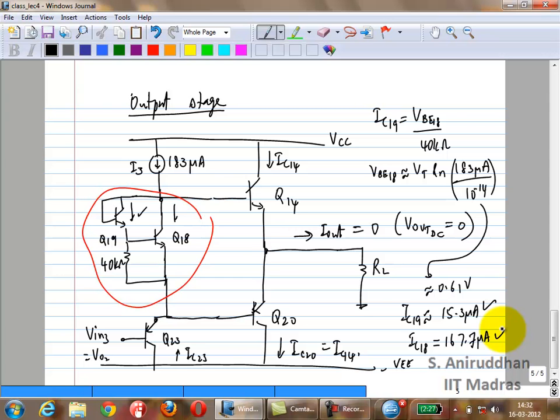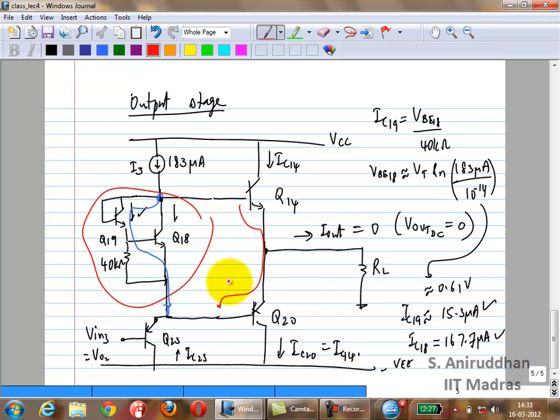So now the next step is to find out IC14 and IC20. Right? How do you find that out? There is one relation: if you go from here to here, you have one VBE like this, and you have one more, so you can write a relation between the sums of the VBEs.